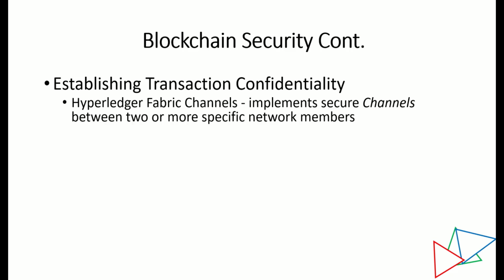They have created what they've called Hyperledger Fabric channels. What this does is it implements a secure channel between two or more specific members. The principle is basically to create a complex infrastructure of cryptographic protocols and a range of security services, which includes confidential inter-channel communication, and enables transactions to go on in that manner.